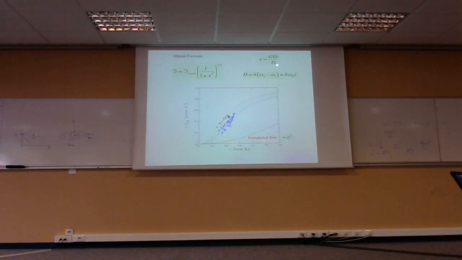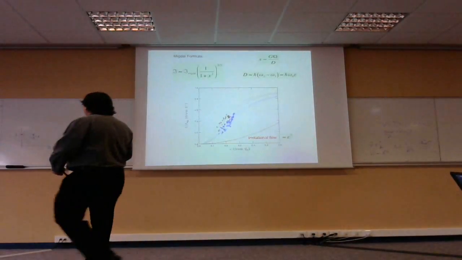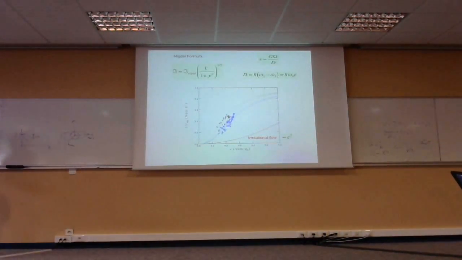Actually, I can make x small with d if I make epsilon large. And actually, Rick will show you tomorrow in the harmonic oscillator.